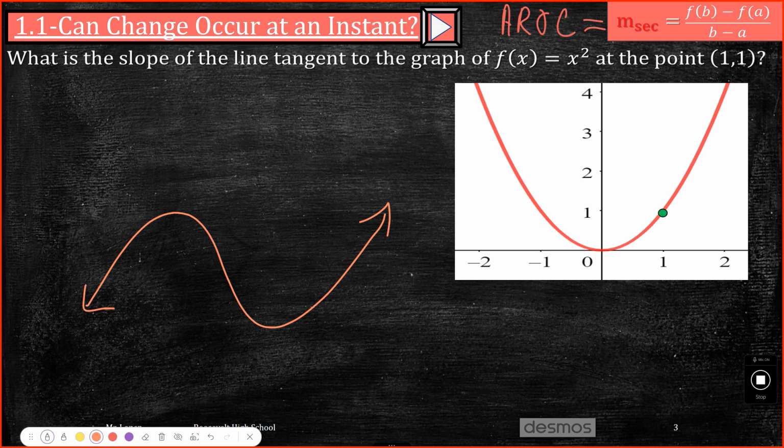You don't have to be copying what you just listened to. So some really smart person says, well, if I wanted to find the rate of change exactly here, I can go ahead and get another point on the graph. But then if I connect these ones here, this is called a secant line.